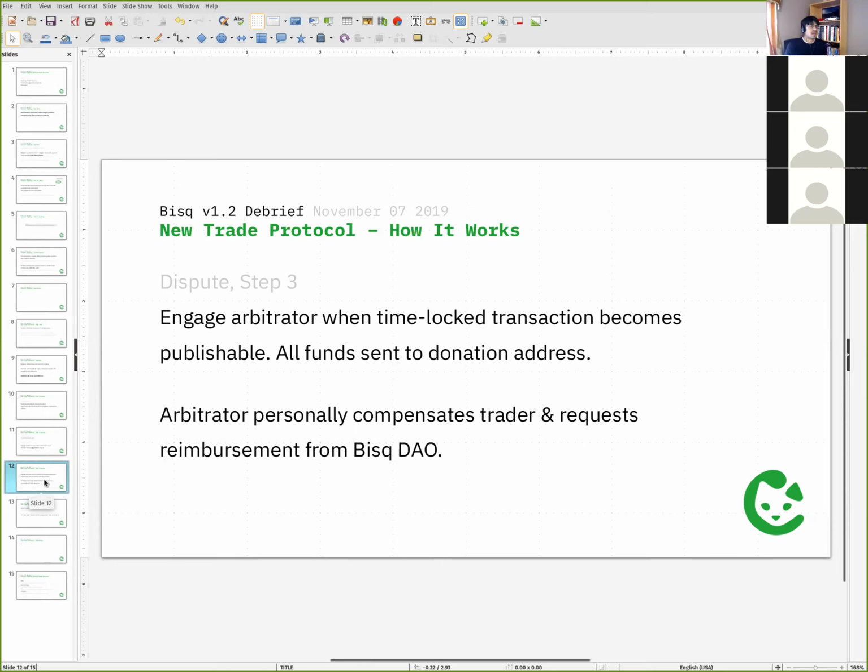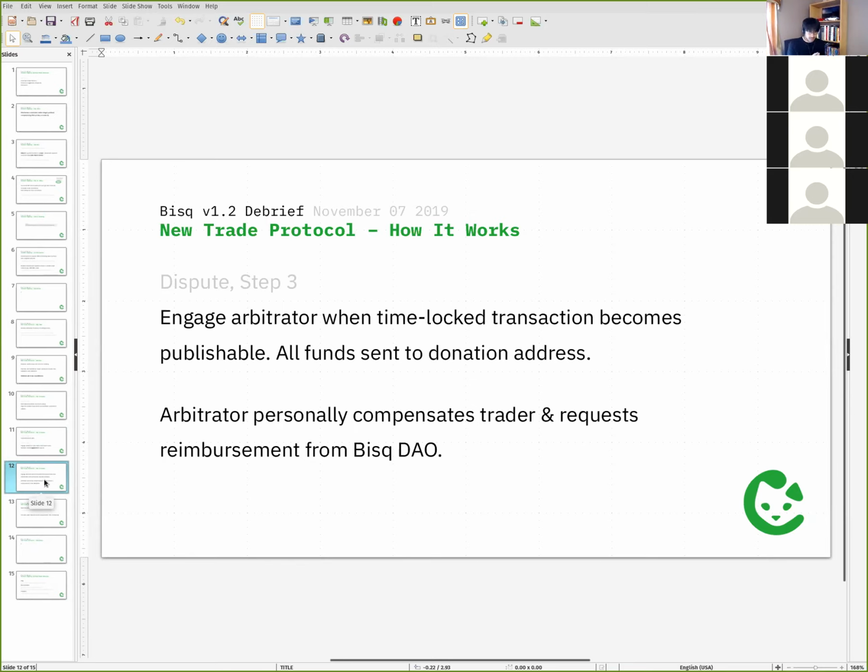And then the arbitrator will step in, look at the situation, and if they side with the trader who engaged the arbitrator, the arbitrator will personally compensate that trader, the Bitcoin, and request reimbursement from the Bisq DAO. Because the arbitrator doesn't have any kind of control over the funds, the deposit funds, they will personally, from their pocket, compensate the trader.